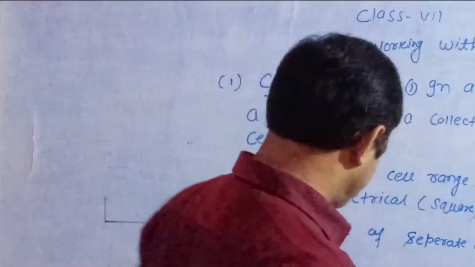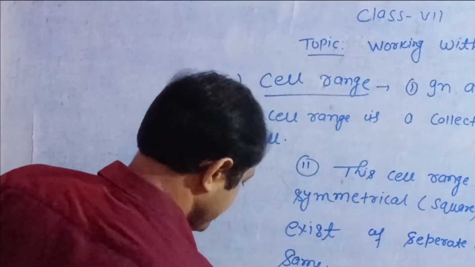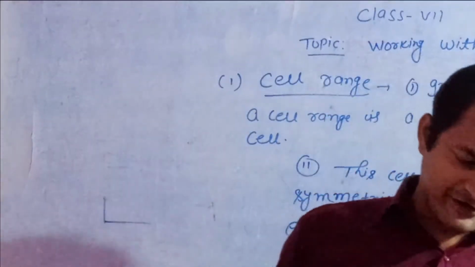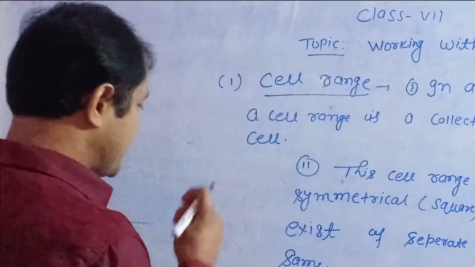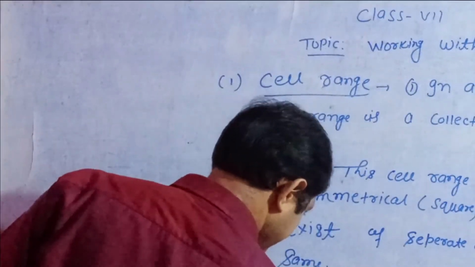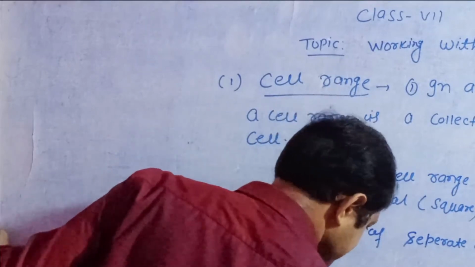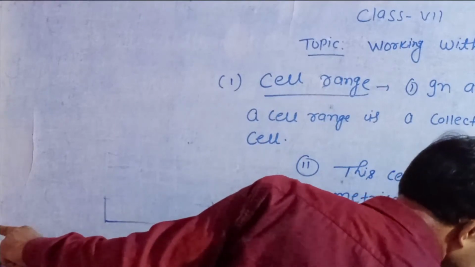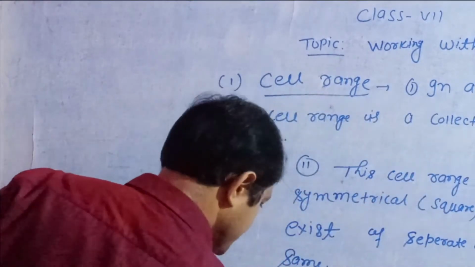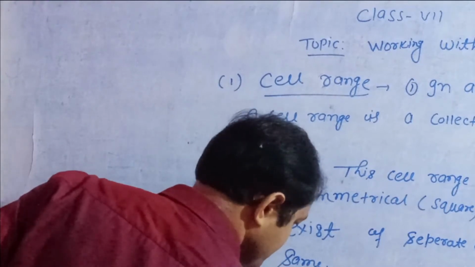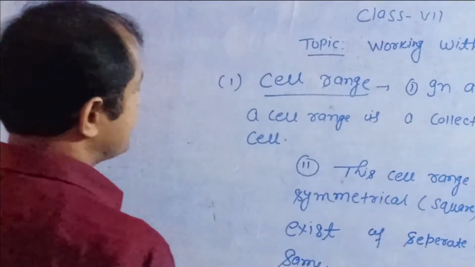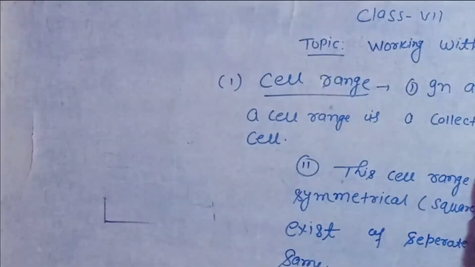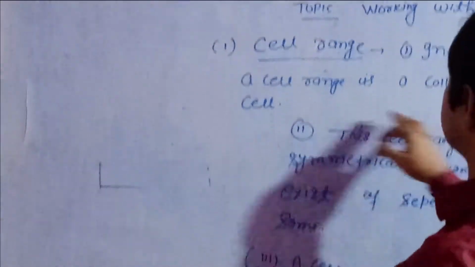Again, my third point. A cell range can be referred to in a formula. I hope this is clear. I repeat, cell range in a spreadsheet: a cell range is a collection of selected cells.